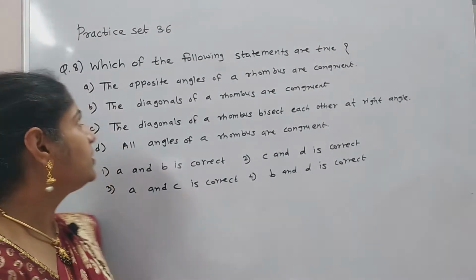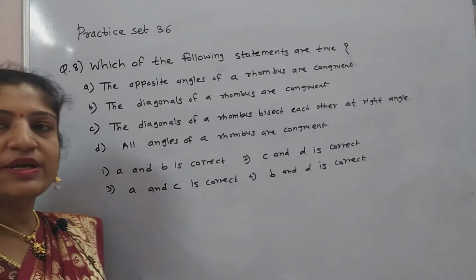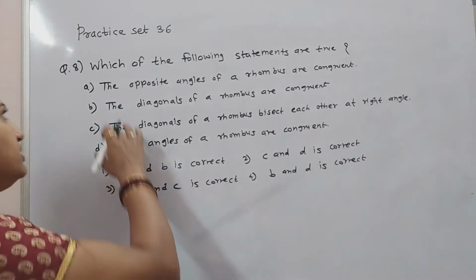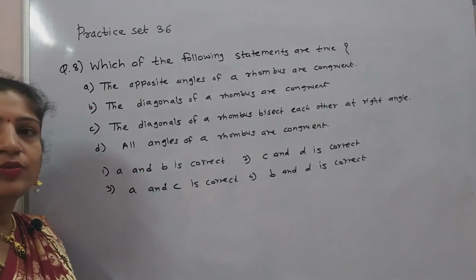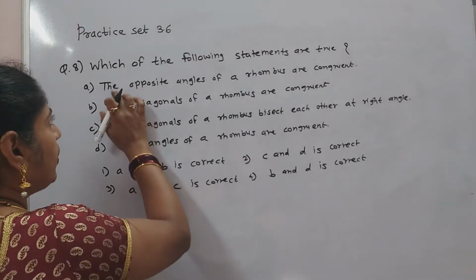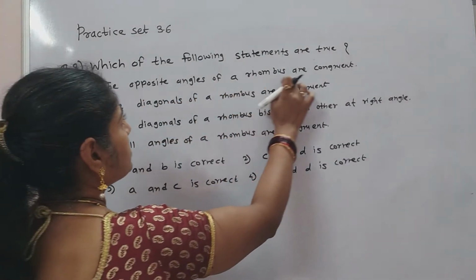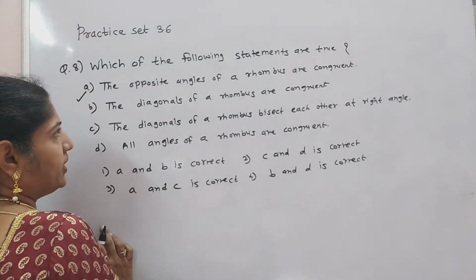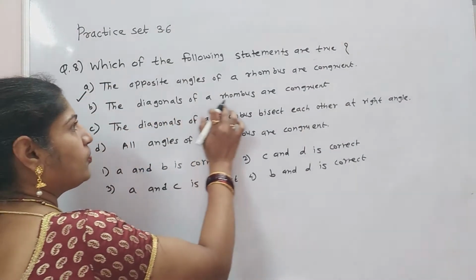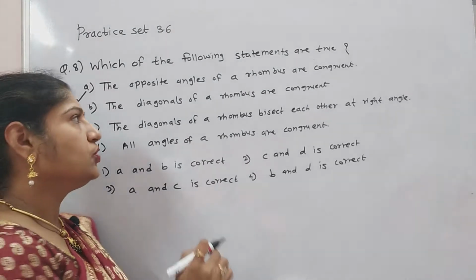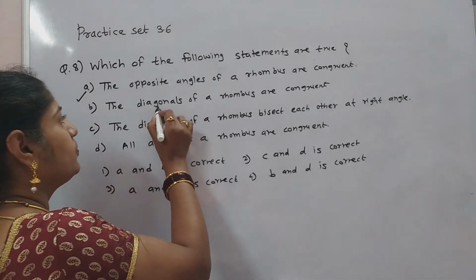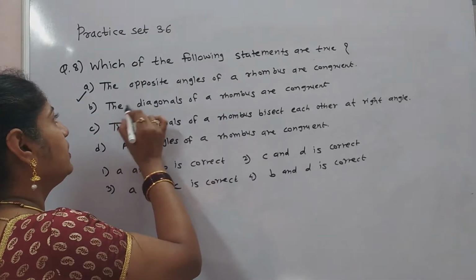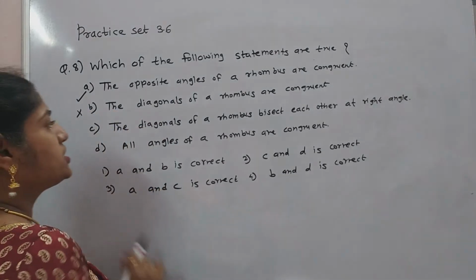Now next question. Which of the following statements are true? Some properties of the rhombus are given. The opposite angles of a rhombus are congruent. This is the right property. The diagonals of a rhombus are congruent. No, in a rhombus, diagonals are of unequal length, so this option is wrong.